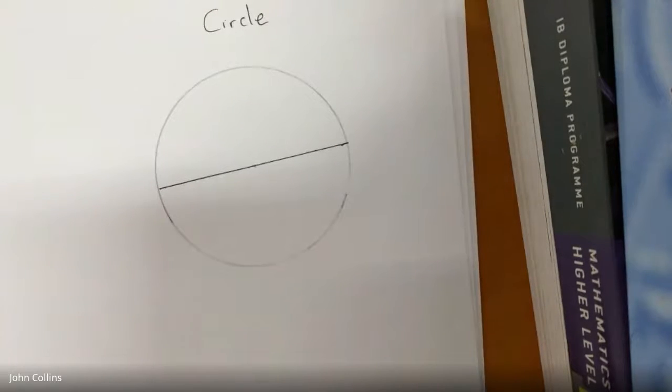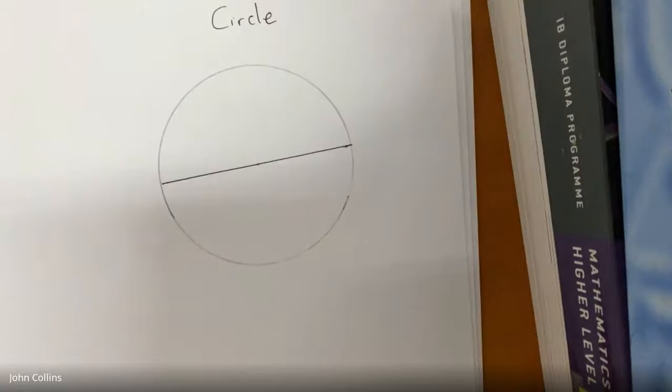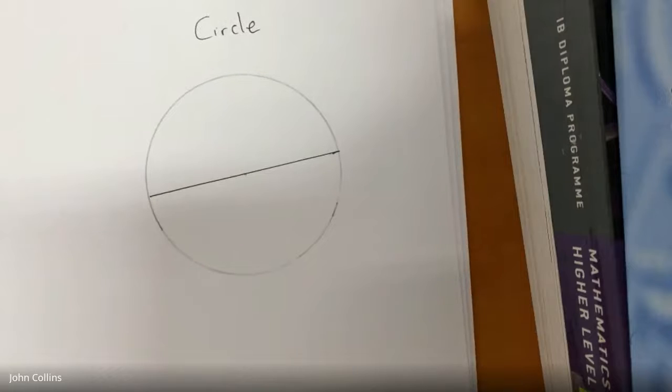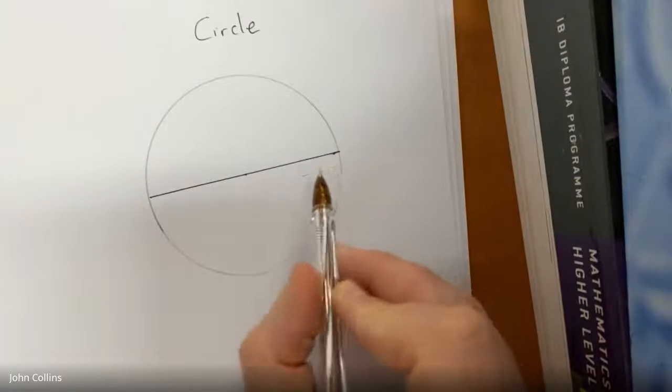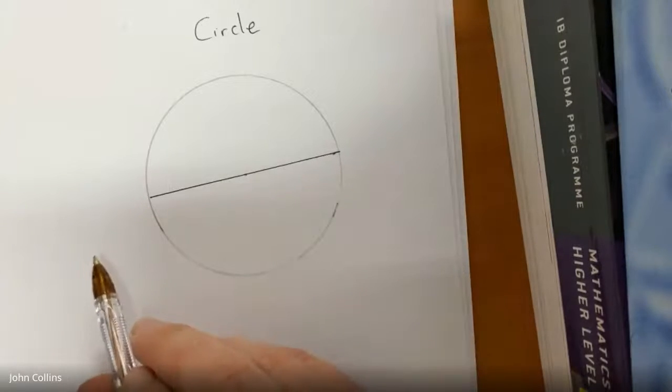I know yours won't have a dot to say the center, but that is the line I want to draw. One line I want to draw. Okay. What's this line called? Can anyone tell me? The line that goes through the center and goes from side to side?